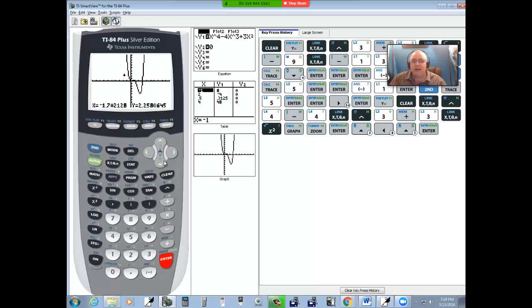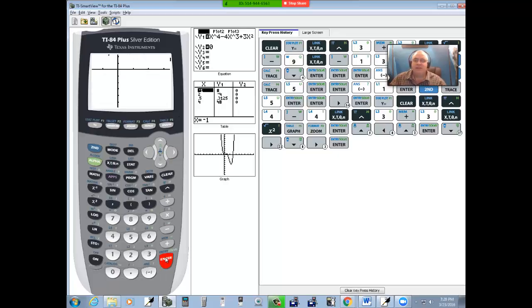So I'll press enter one time, and then I'll do my right arrow and my down arrow until I put the box around everything I want to zoom in on. And that's probably good there. So if I press enter on that, I see it comes down.